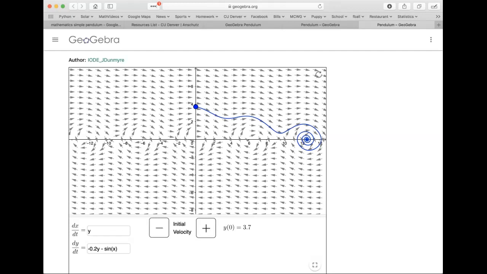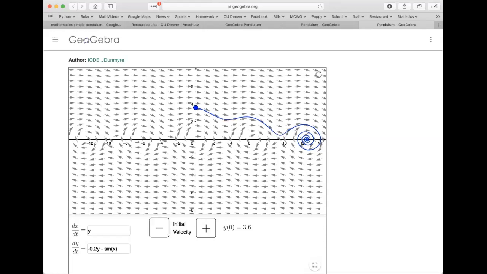The pendulum wants to wind up settling back down at its downward vertical position. Whereas the equilibria when theta is equal to pi or 3 pi or 5 pi, odd multiples of pi, are when the pendulum is initially set up at its upward vertical position, and that's a really unstable equilibrium.